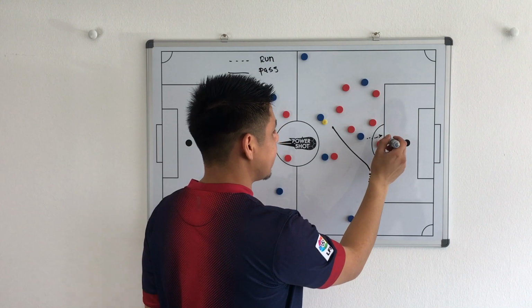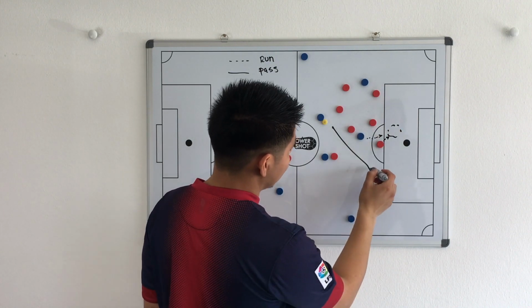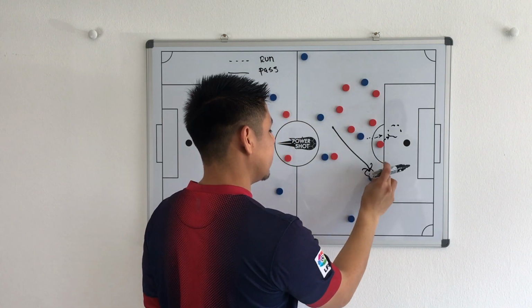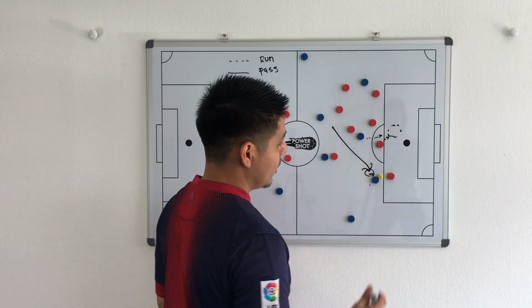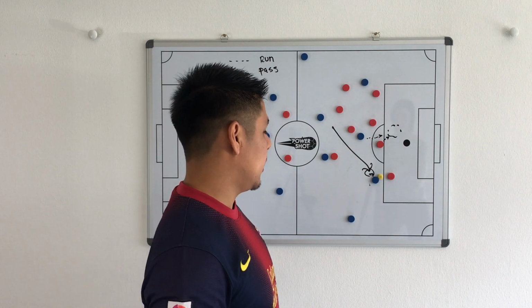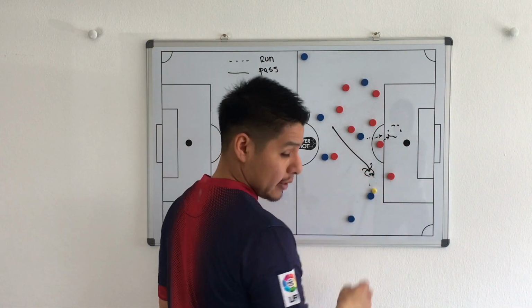But if, let's say, they decide to cover this space, then we can hit the ball essentially here and then create a 1v1 situation with our number 11 and the left back. So we can also do that and essentially attack through that side.